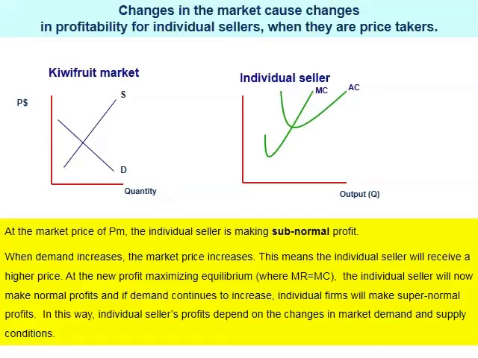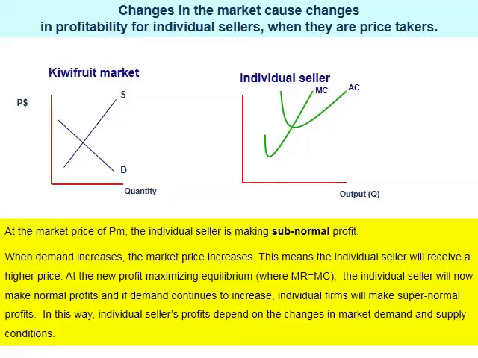So in this example, you've got the kiwi fruit market, and a few years ago, before kiwi fruit, which now is rebranded as Zespri, became very popular, it was an industry where individual sellers were making subnormal profit.